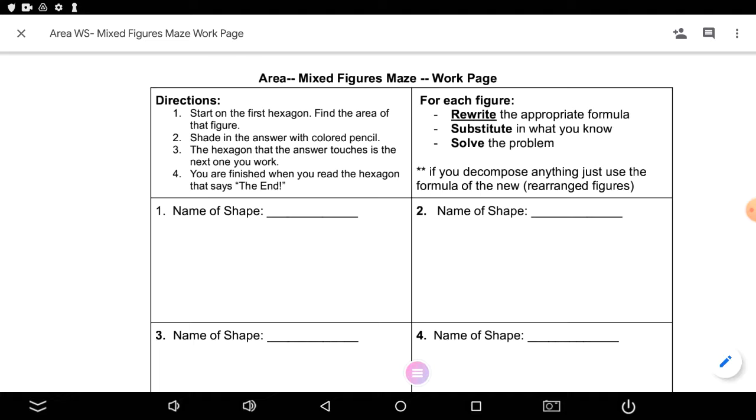So for each of these, the first thing you're going to do is identify what shape you're working with. Then you will write the appropriate formula. Don't write this because this isn't correct, but if number 1 was a triangle, you would write triangle. And then you would write the area formula. What is the area formula for a triangle?